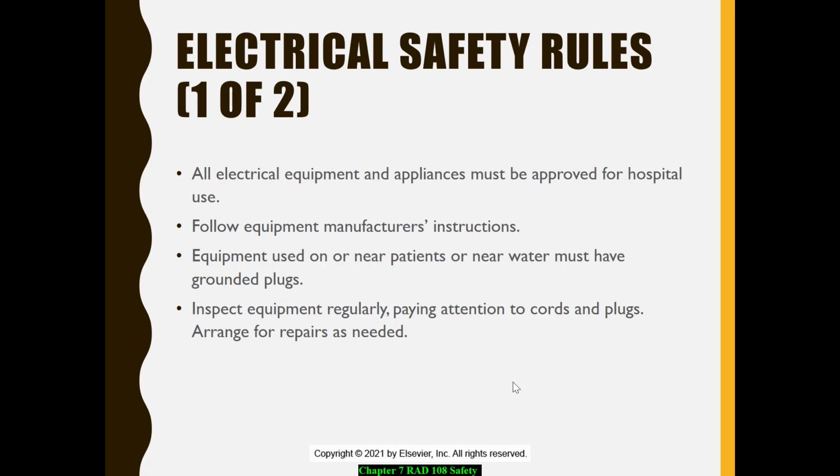If you walk into a room and there's water on the floor, you need to get someone in there to help clean up that water so that someone doesn't slip and fall. And if you're near an electrical plug, you're certainly going to want to make sure that nobody walks in and becomes electrocuted. We did have a situation in an x-ray room one time where it rained very heavily and water flooded into our room.